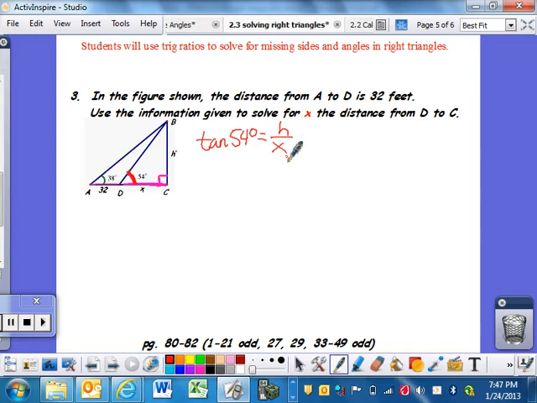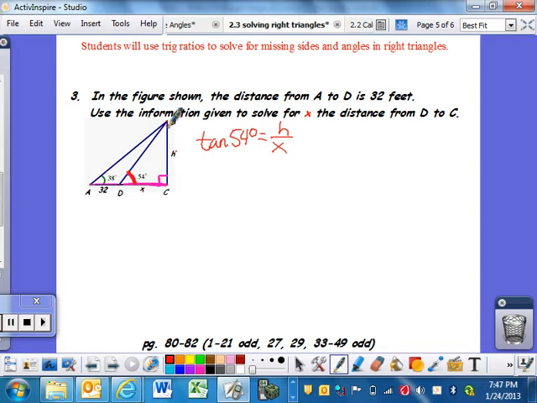Okay? And now what I want to do is basically use this h to my advantage, because this h is a shared side in this problem with the x, and then it also is shared with this big problem, which gives me another ratio. And what we're going to do is I'm going to solve for h in both of them, because it's shared.